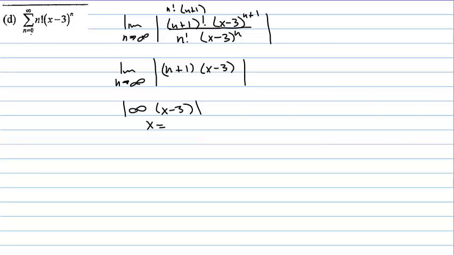If we let x equals 3, then that becomes 0, and 0 times infinity is 0, and that is actually less than 1. So this series converges for one specific value, that is x equals 3, and that is the interval of convergence, and the radius of convergence is 0. There's no room. It's only one specific value that will allow this series to converge.